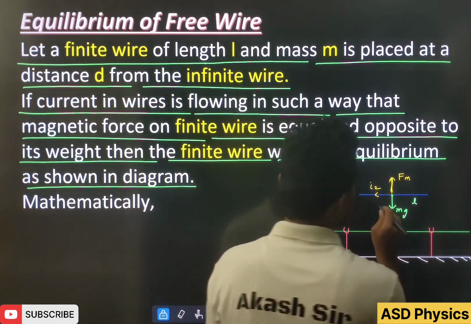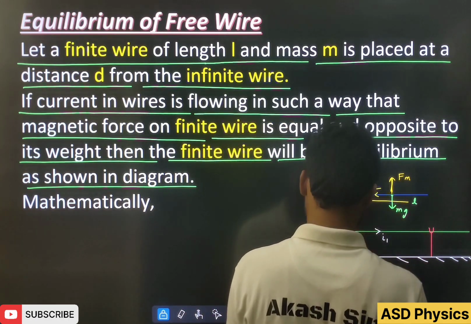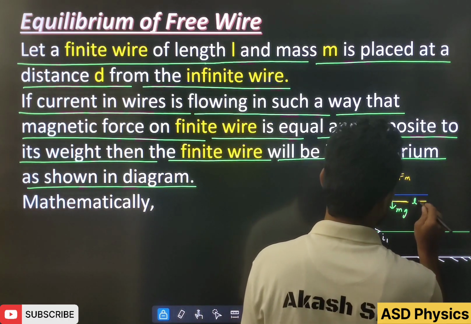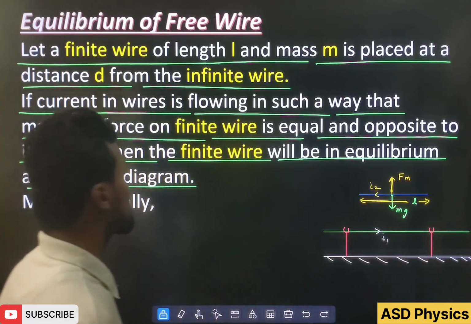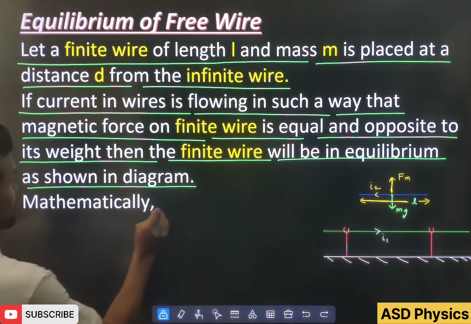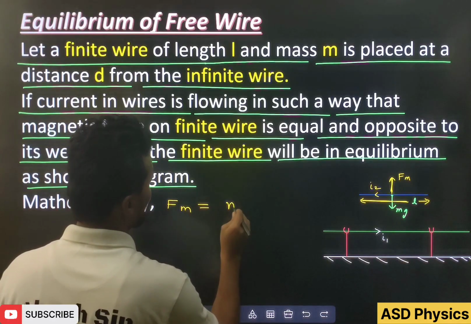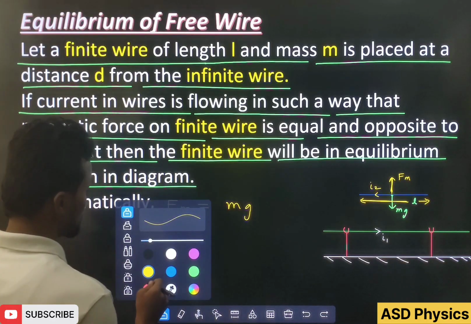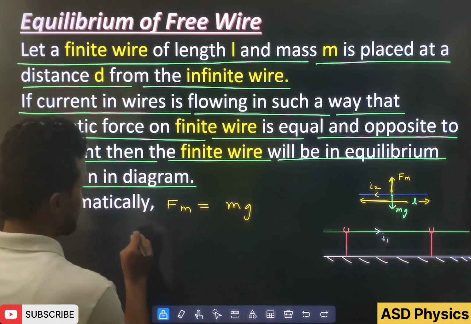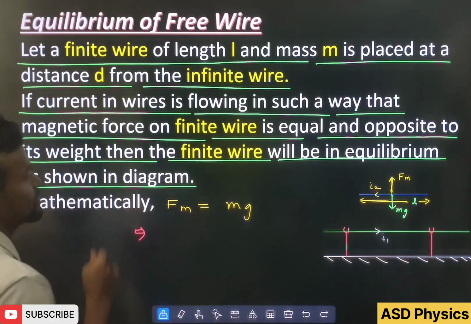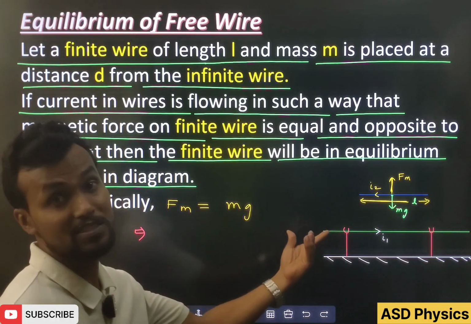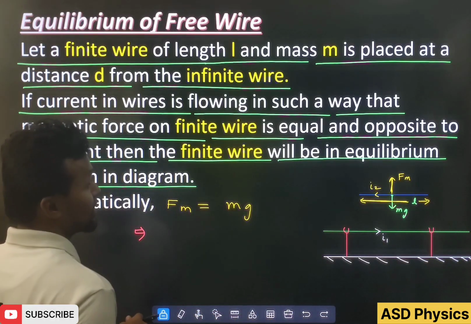The length of this wire is L. So can you see mathematically what I can write here? Fm should be equal to mg. Magnetic force should be balanced by the weight, or we can say weight should be balanced by the magnetic force, then only equilibrium is there. Now what is the magnetic force?